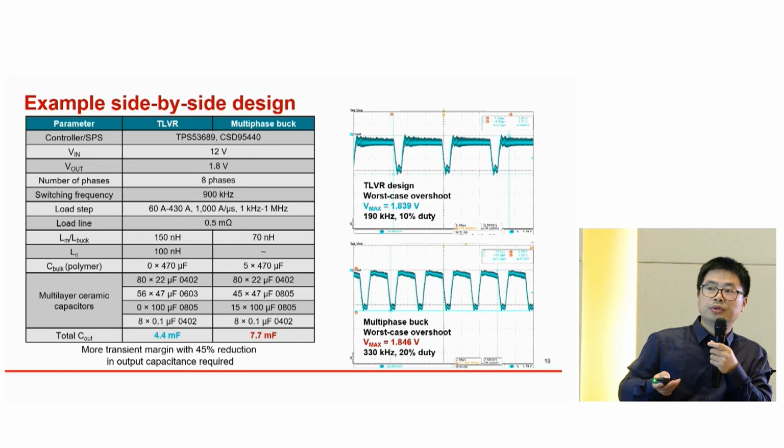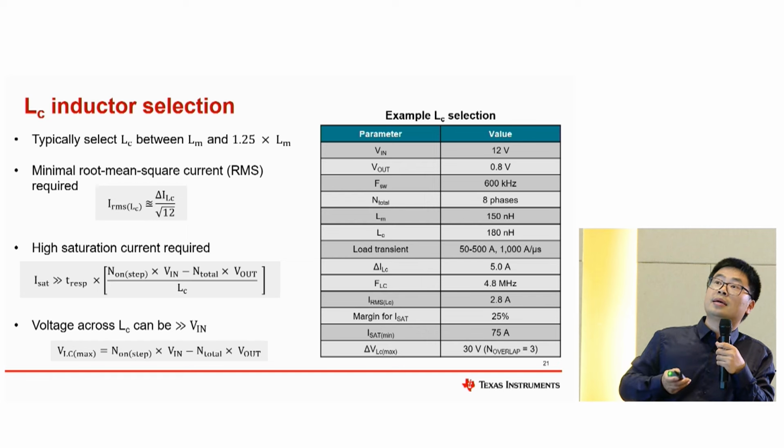And then we will go to the practical considerations of the TLVR. Here is the LC inductor selection. I believe this is a new concept for most of us. Typically we just select the LC inductor between 1 and 1.25 times the LM.